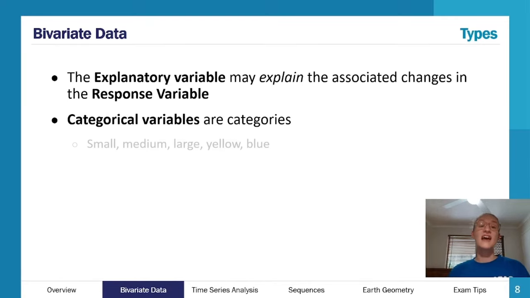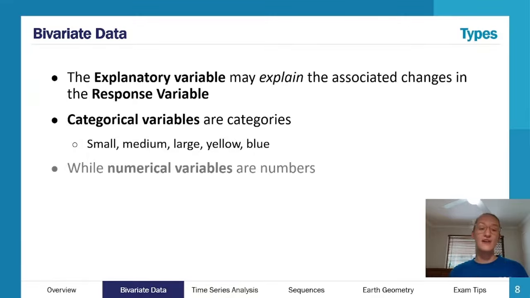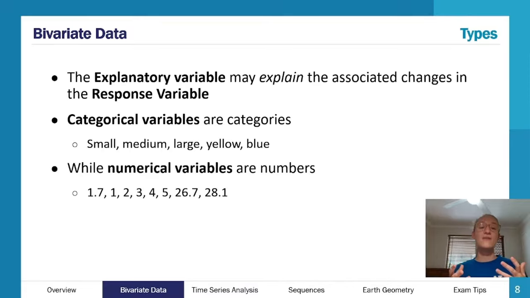The next is categorical variables. When we think categorical variables, we're thinking categories: small, medium, large, yellow, blue. These are all categories, data that fits into different categories. On the other hand, we have numerical variables, which are any variables that give us number results: 1.7, 2, 26, 60,000, it could be anything.